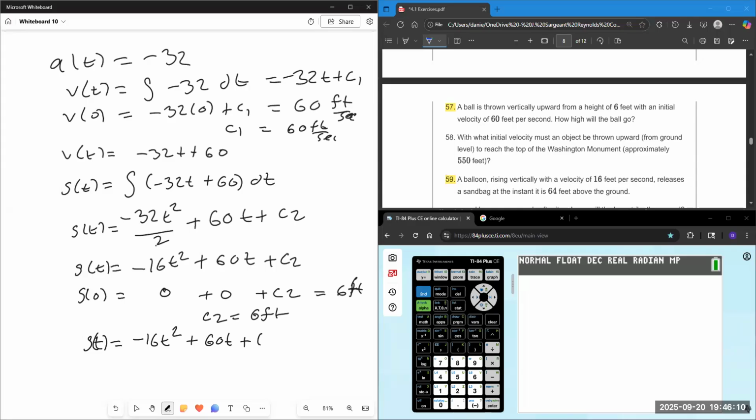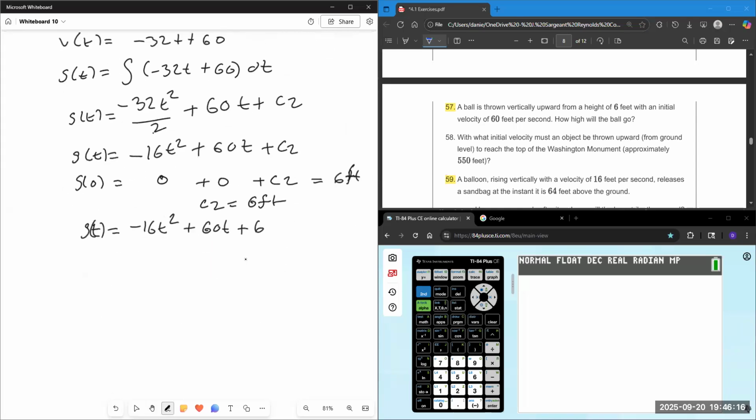In general, and we'll use this later in the assignment, the S of t is equal to negative 1/2 g. It depends on whether you're using a positive or negative number for g, but this should be a negative coefficient.